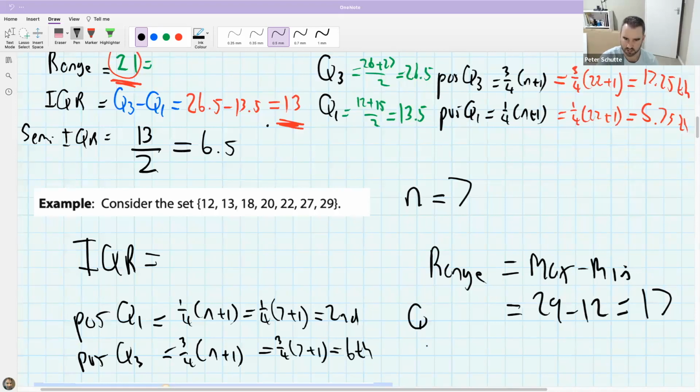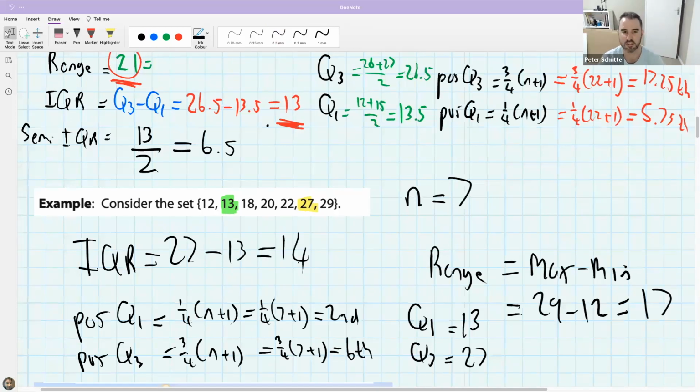So that's quite nice, because this time it didn't fall between values, it fell exactly on a value. If I count from the beginning, the 2nd position is 13, and the 6th position is 27. So my interquartile range is just going to be 14.